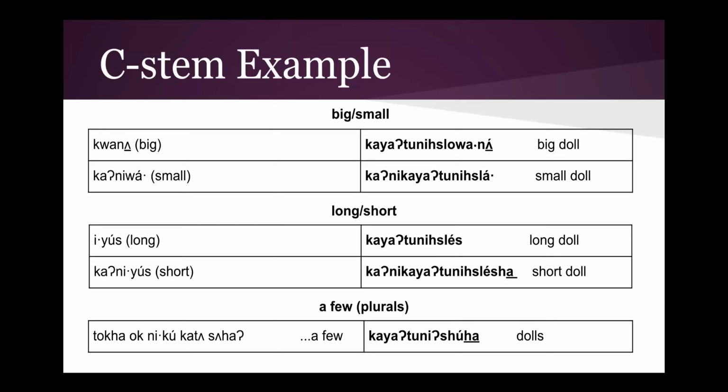If I wanted to say it's big, I would have to add the ga, the it pronoun: gagwan, it's big. So guan is the root word, and you don't even see that K around here.